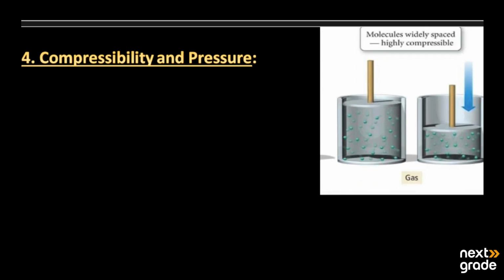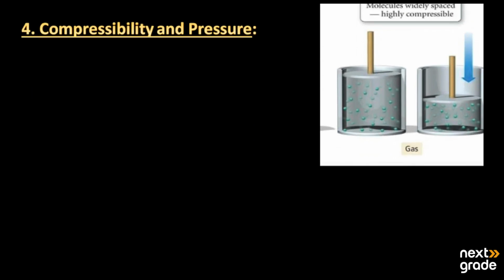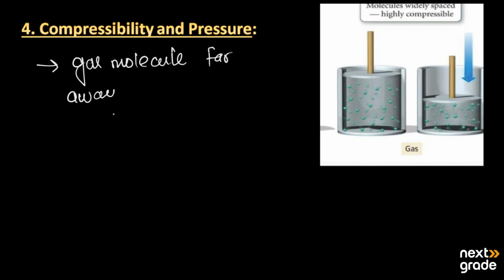Next we have compressibility and pressure. So what do we mean by compressibility? As we have already learned, the gas molecules are far away from each other, and there are large empty spaces between them.